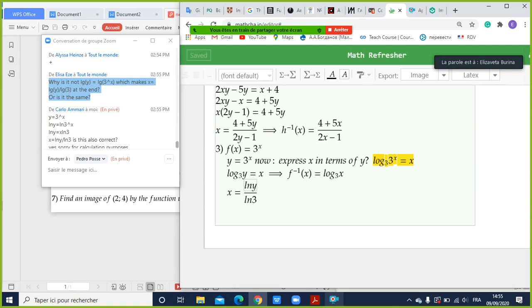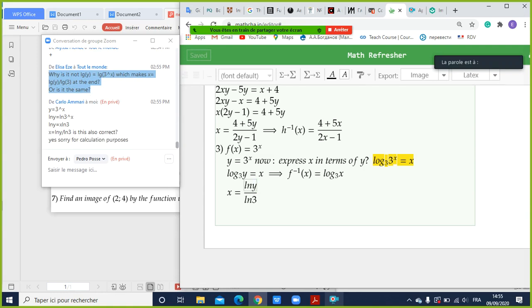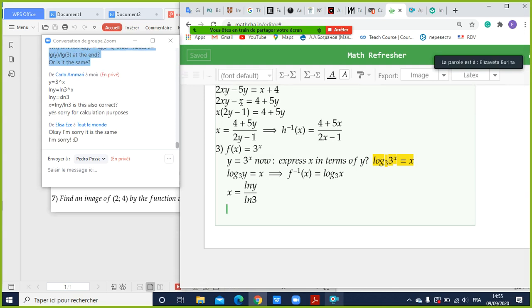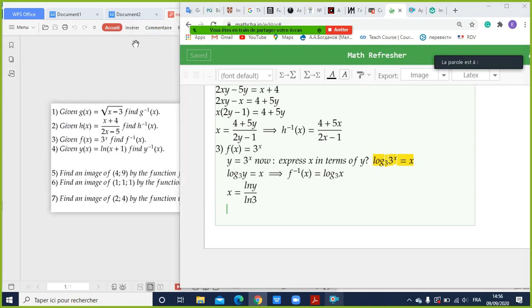I'm trying to understand Elise's question. Why is it not logarithm of y? Okay, so, okay, that was that. You're good, thank you.